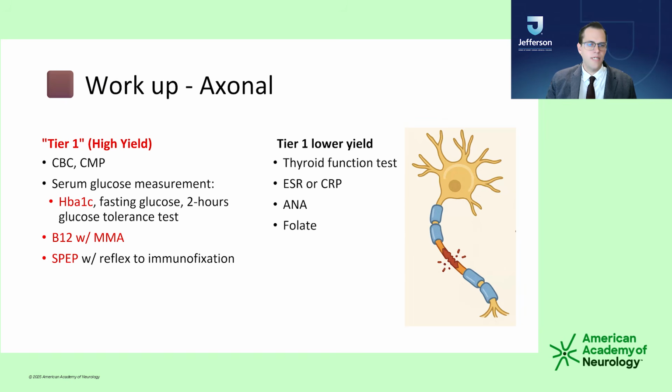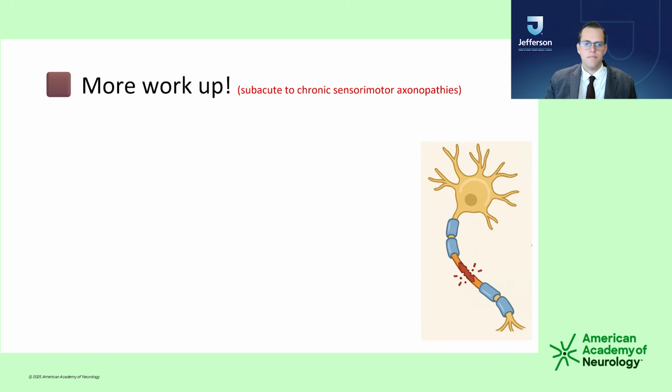So for your initial workup, tier 1, high yield, you'll do a CBC and a complete metabolic panel. You'll test serum glucose with hemoglobin A1C or fasting glucose, B12 with methylmalonic acid, and SPEP with reflex immunofixation. Other tier 1 labs you can get are thyroid function tests, inflammatory markers such as ESR and CRP, an ANA panel, and so on.